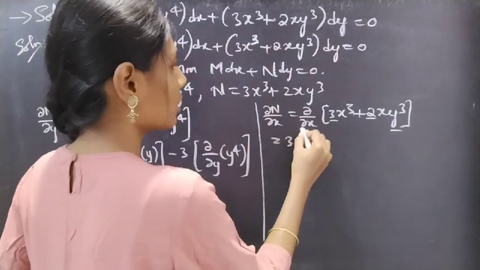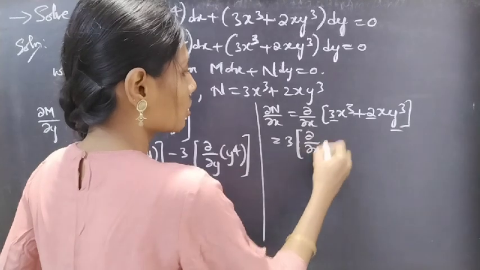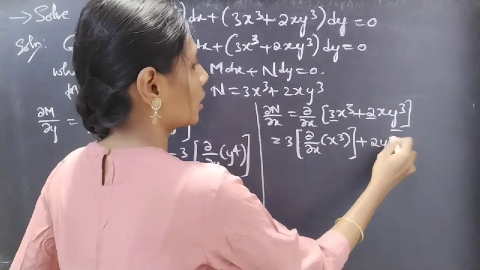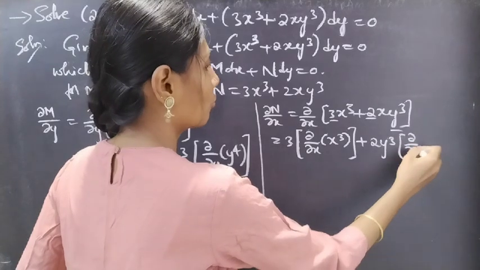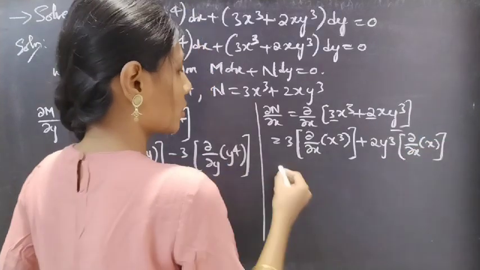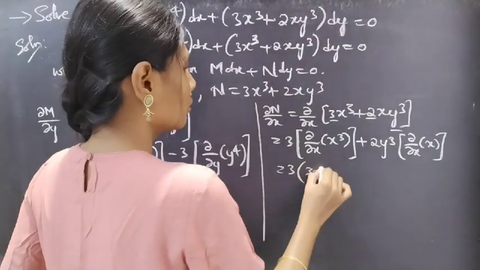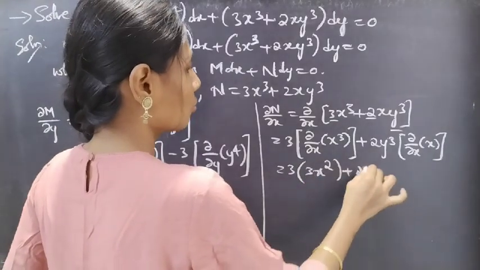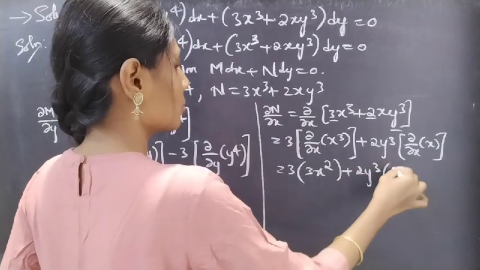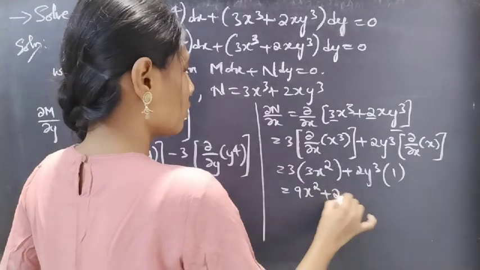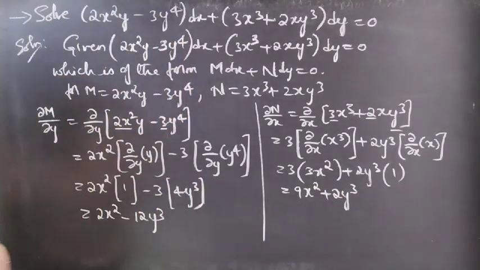So we'll write it as 3 into the partial derivative of x cube with respect to x plus the constant 2y cube into the partial derivative of x with respect to x, which gives us 3 into 3x square plus 2y cube into 1, which gives us 3 threes are 9x square plus 2y cube.